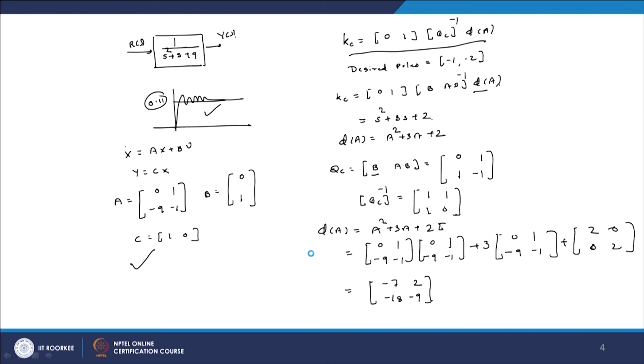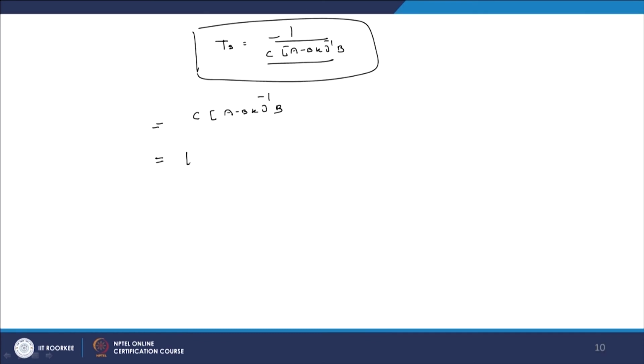As we are going for the same problem, C is [1 0], and here we write [0 1; minus 2 minus 3] inverse into B, where B is [0 1].